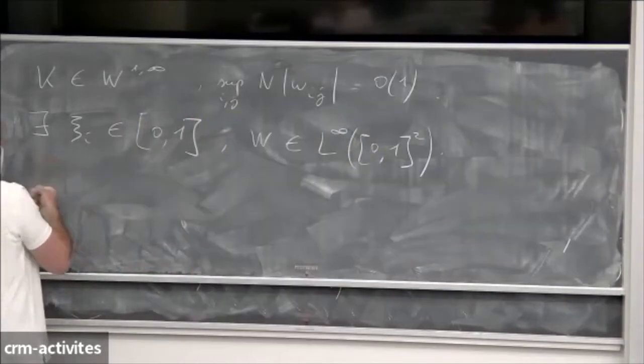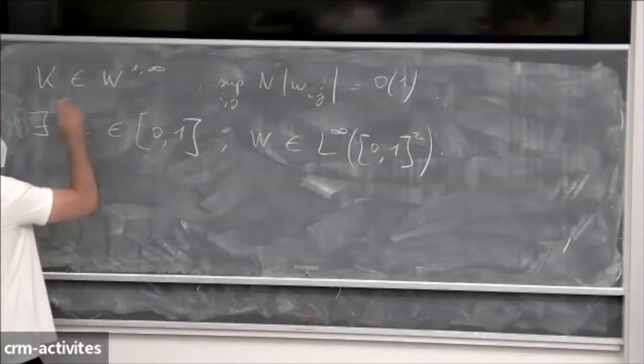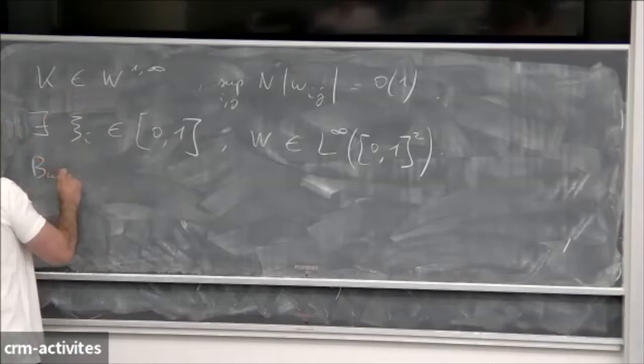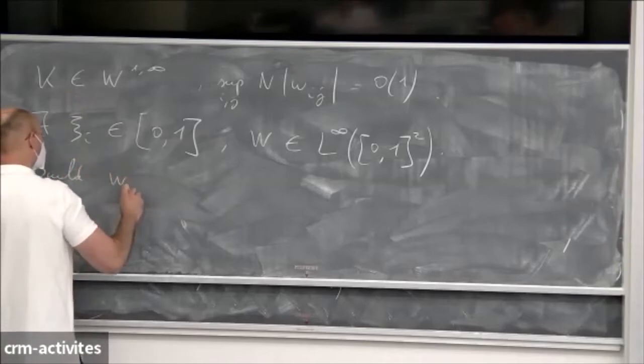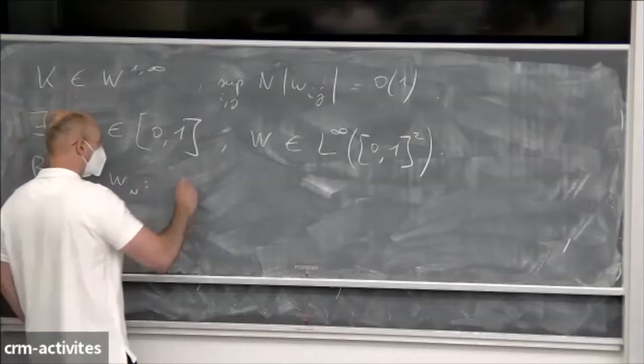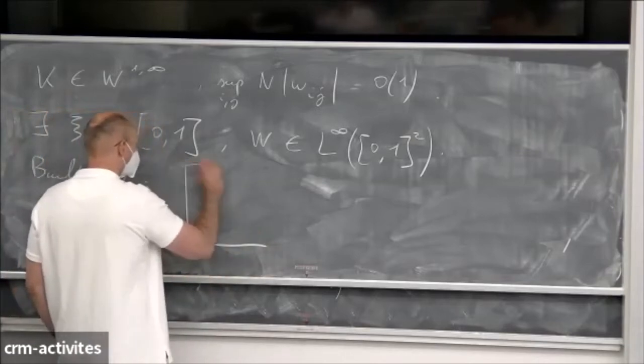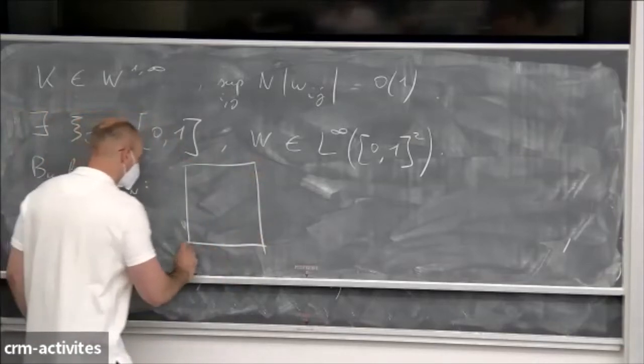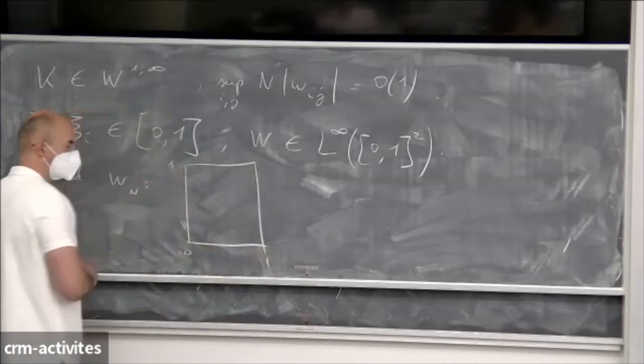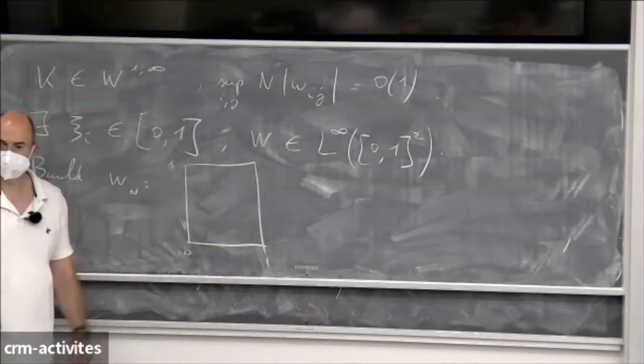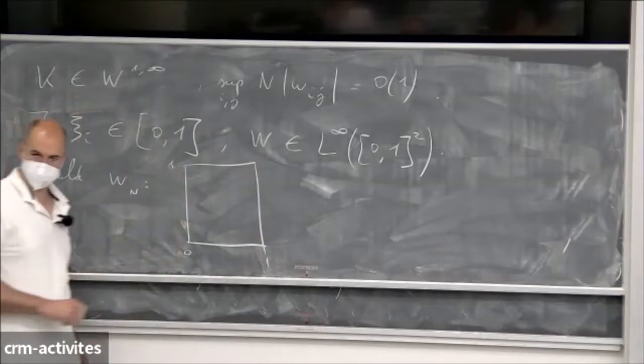And now I can build, so I started the wrong way. Build the following kernel here. So build Wn by taking it piecewise constant, right? So you take the square, 0, 1, 1, you cut it into n pieces in every direction.